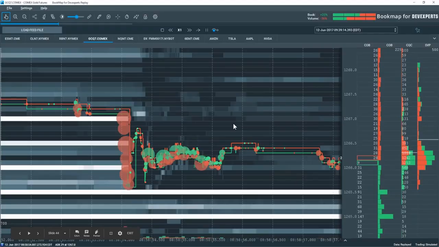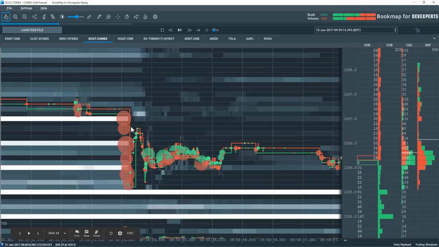What does that look like in Bookmap? Well, this is a fundamental release, and we can see the massive red dots here sweeping each price level as it goes lower. You can see the vacuum effect that we're talking about as we return almost back to where we dropped from.